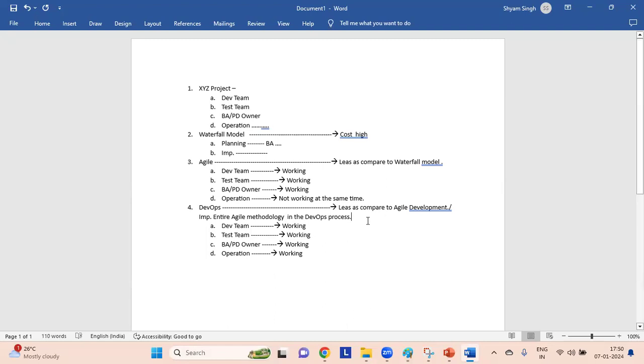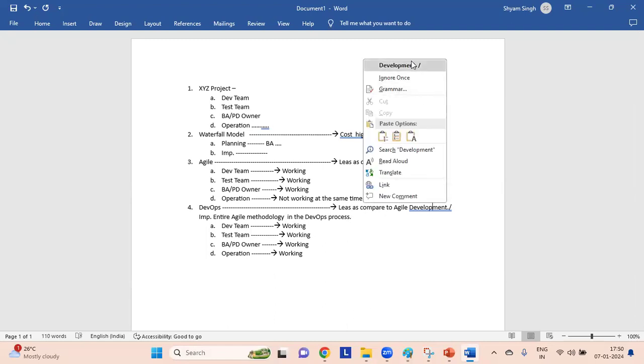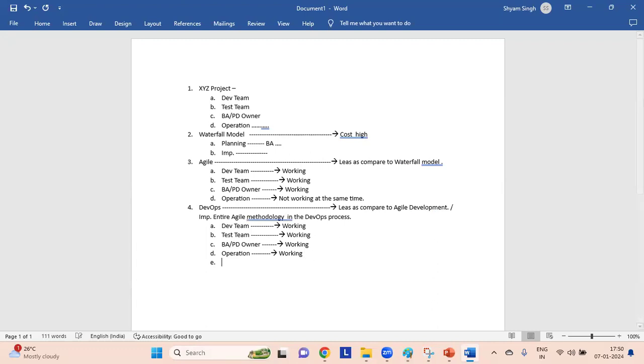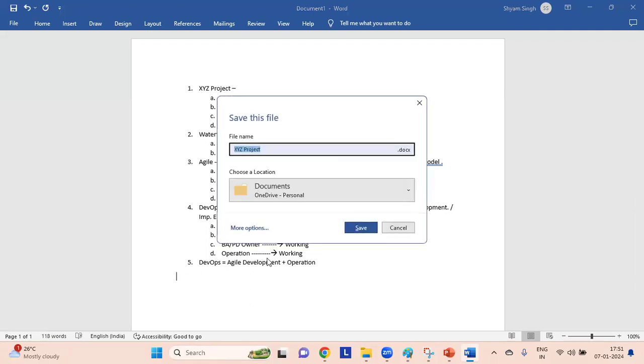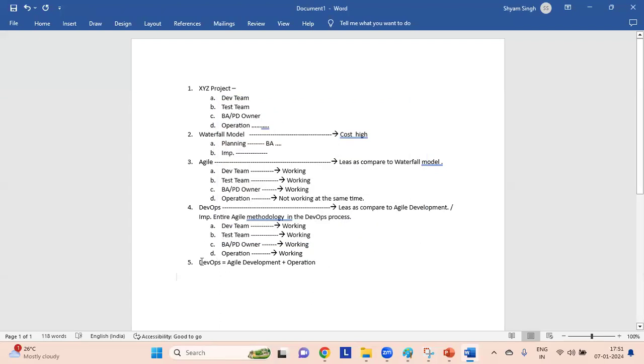Okay, clear? So basically, you can define DevOps as equal to agile development plus operation. Okay, guys, how to implement the entire agile operation, we will do the labs, don't worry, in Azure DevOps. Now clear, why DevOps came into the picture, or why DevOps is so popular?